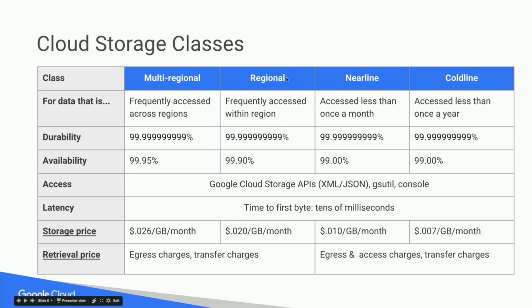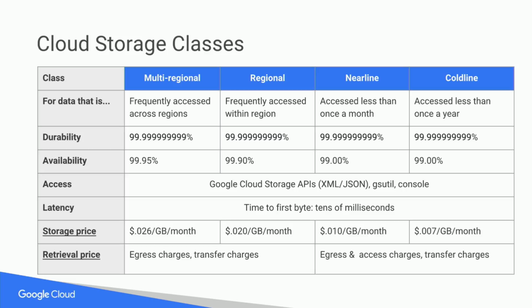Then people sort of move to multi-regional. Multi-regional is where you have resources that are holding your data, and they're not just spread out within a region, they're actually spread out through what's called a multi-regional area. So there are 3 multi-regional areas in Google Cloud Platform. There's a North American or a US region, there's an EMEA region, and an Asia Pacific region. So this gives you even higher levels of availability.